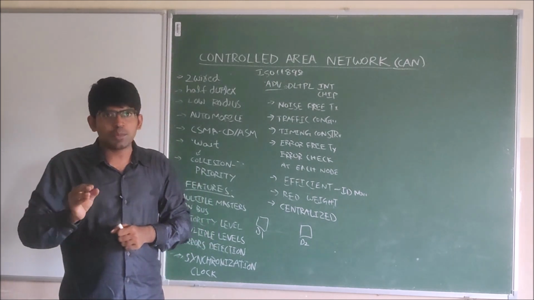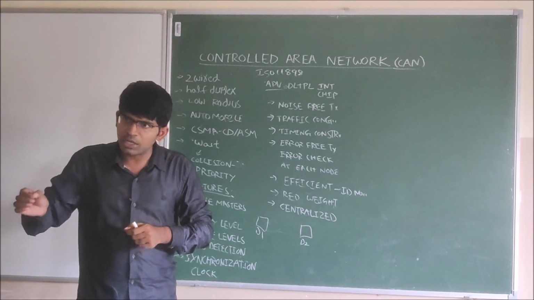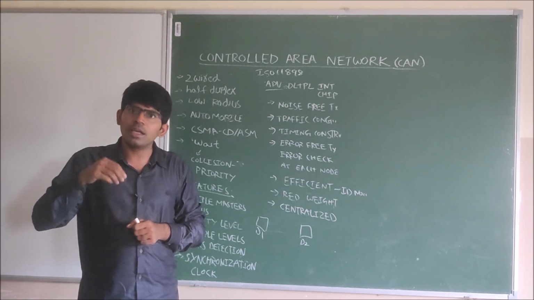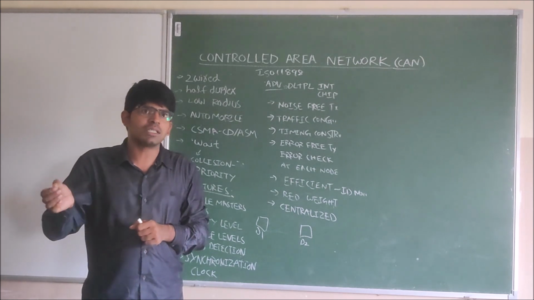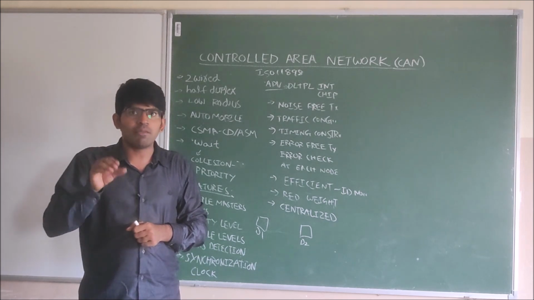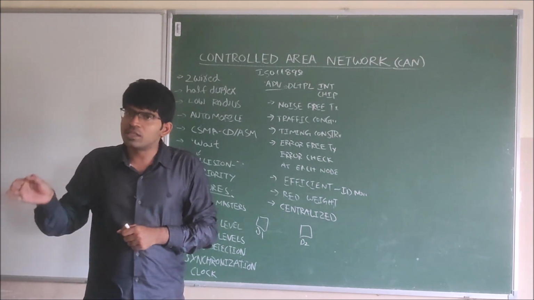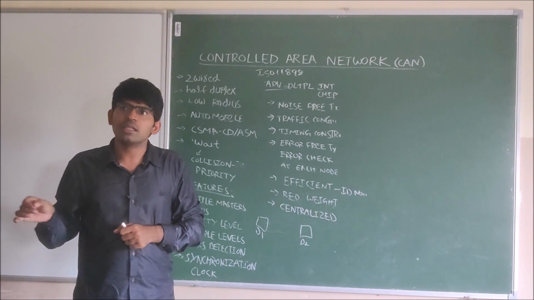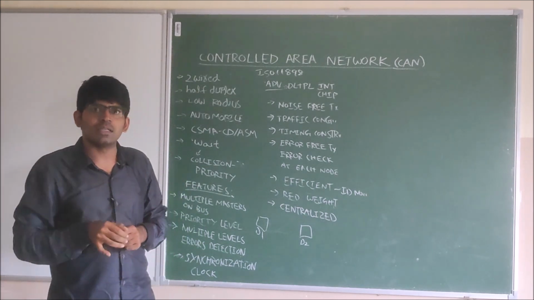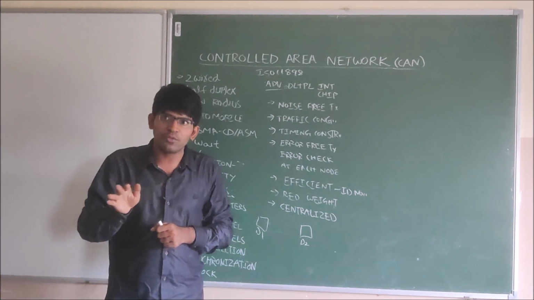In the high persistence method, we have discussed, whenever we want to send a frame of data, immediately after one station sends, the second station will check for the availability of the bus. If the bus is available, it will send, or it will immediately check again. It will not wait.